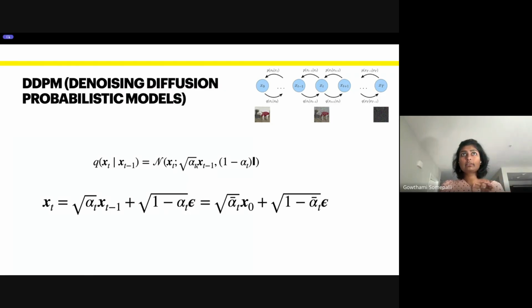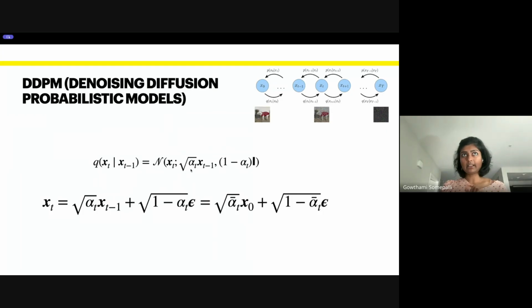Whenever you see alpha t's or alpha bar t or beta or sigma, usually they're all predefined. You set them before your experimentation. You're not learning them. These are not coming from some math or anything like that. Usually, when you are doing generative modeling, you make a bunch of approximations, and this is the approximation the authors of this particular paper made.